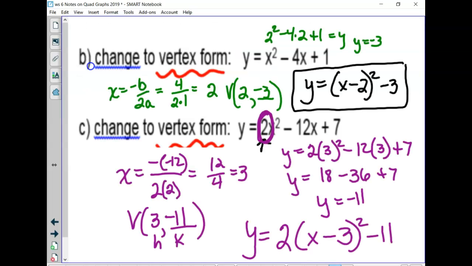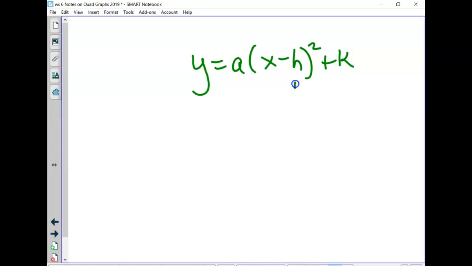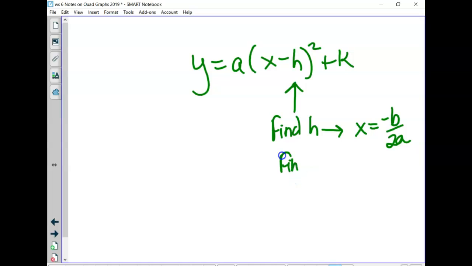Let me put a quick slide in here to give you a summary of what we just did. We said, I'm going to use vertex form, and I'm going to find h by using x equals negative b over 2a, which will find h, really. And then I'm going to find k by doing what?